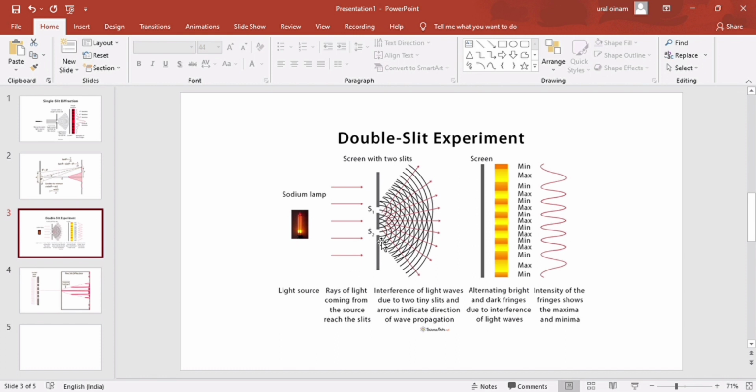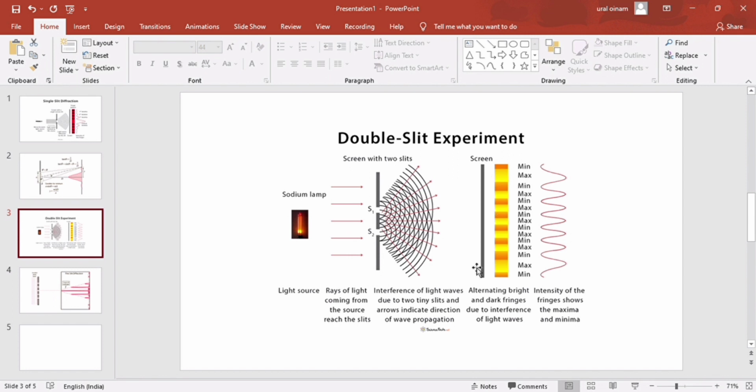The secondary waves coming out of S1 will interfere with the secondary wavelets coming out of the aperture S2, and this gives an interference pattern on the screen.